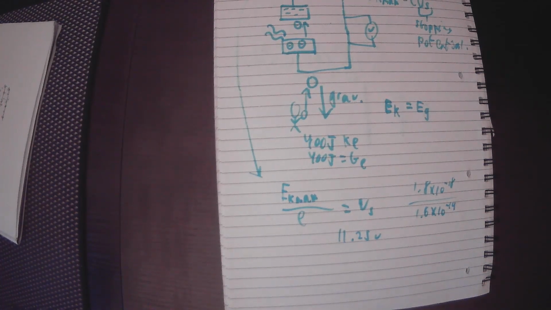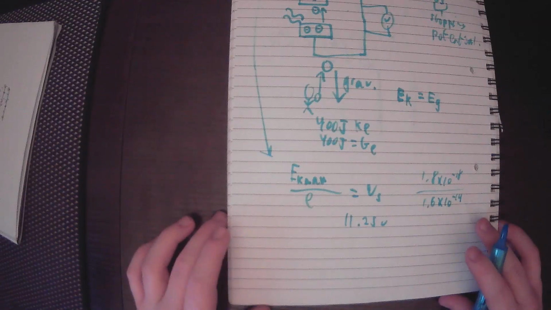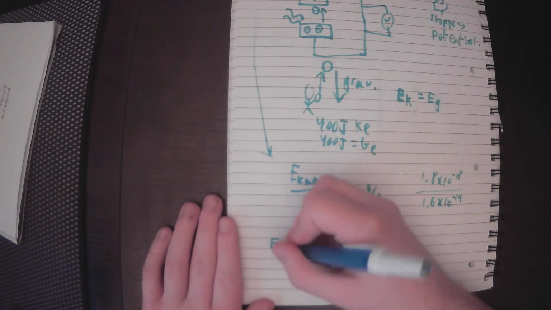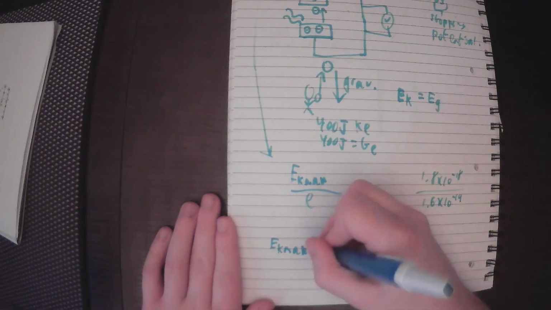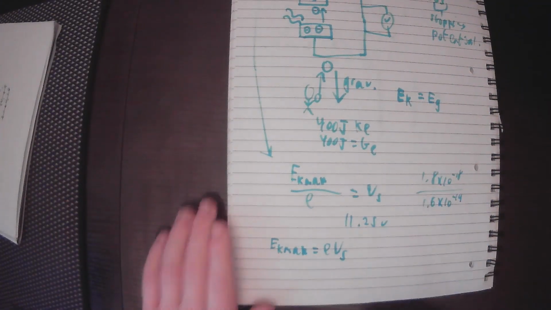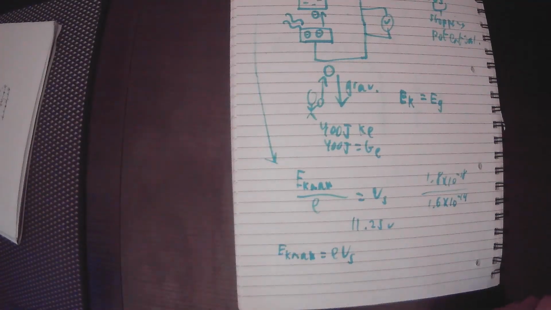Unfortunately, you need to know the equation yourself. This is not given to you in the AQA data booklet, so you need to know EK max equals EVS. The S isn't actually a variable, it's just a subscript letter to denote stopping potential.